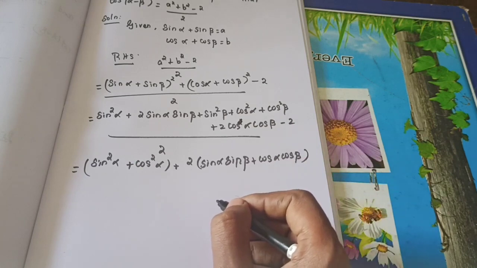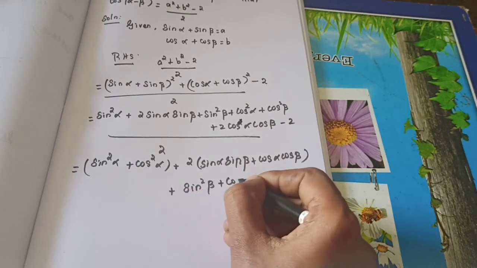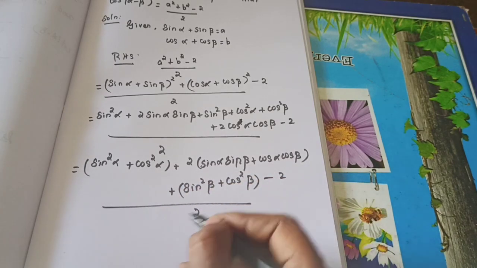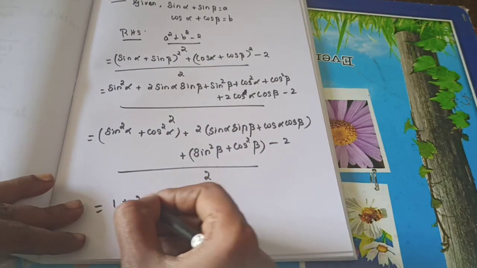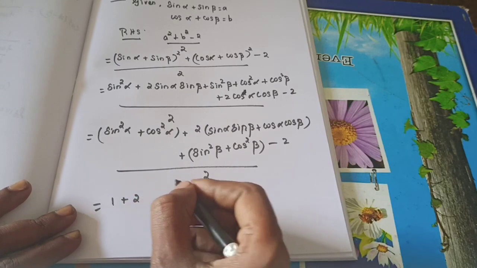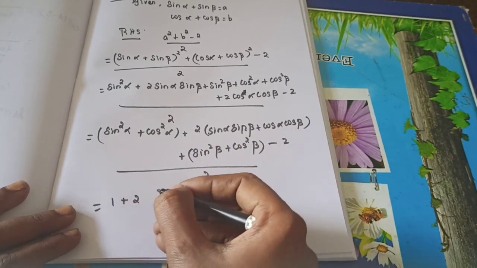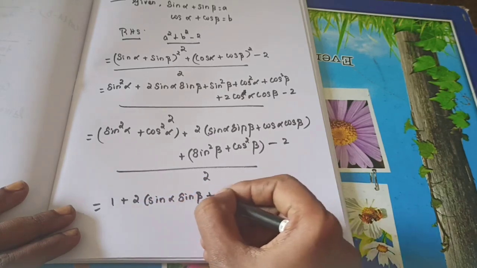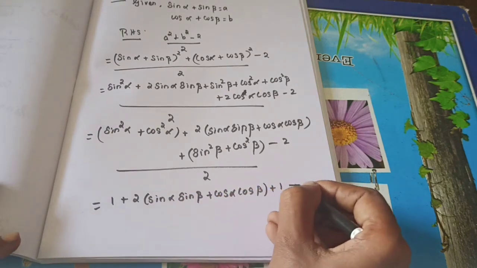Then any other balance is there? Cos square beta plus sin square beta is there, is it right? Then sin square beta plus cos square beta minus 2. This one separate, divided by 2 is equal to sin square alpha plus cos square alpha, the 1, plus 2 into sin alpha sin beta plus cos alpha cos beta plus 1 minus 2.